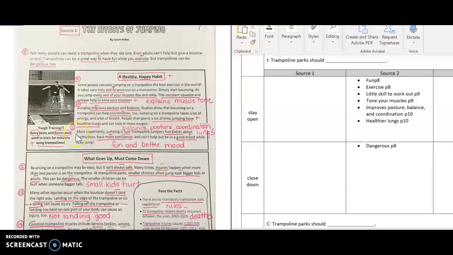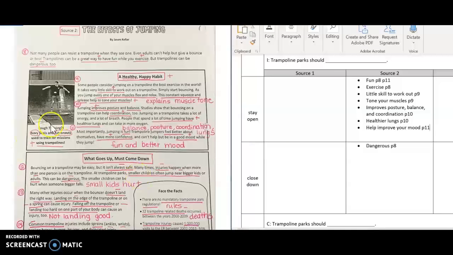Let's look now at paragraph 11. Some of these ideas that we underlined here: that it can be fun. So we read that again up here in paragraph 8 as well as paragraph 11. We also learned that they help you to feel better. You have more confidence and you're in a better mood. So I might say something like, they help improve your mood, from paragraph 11.